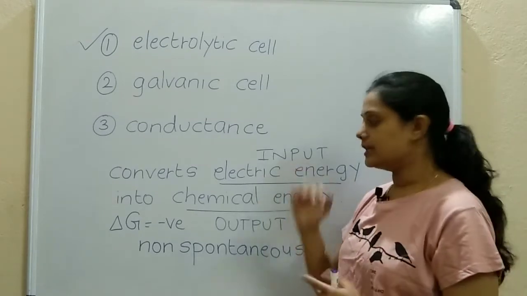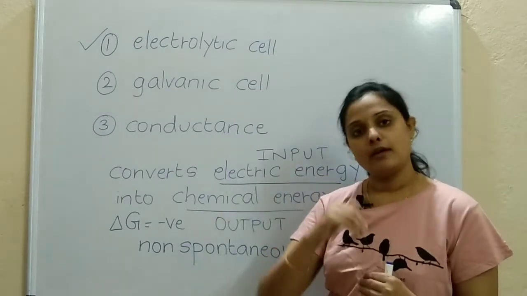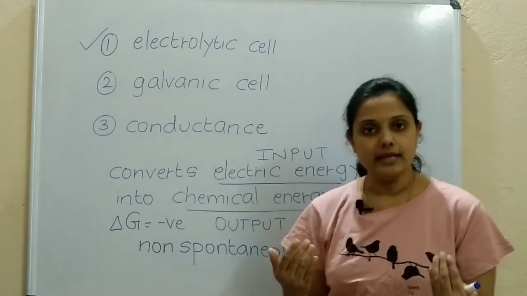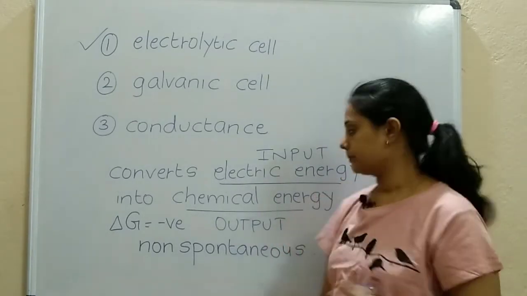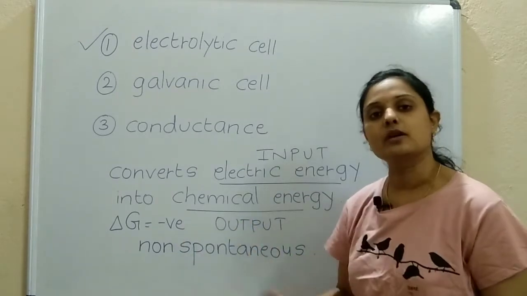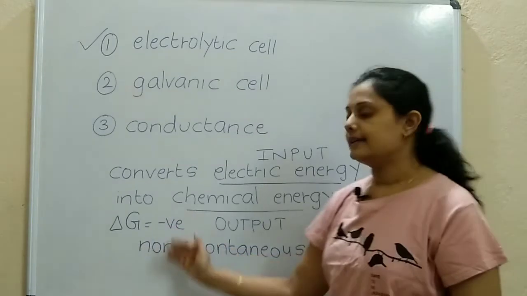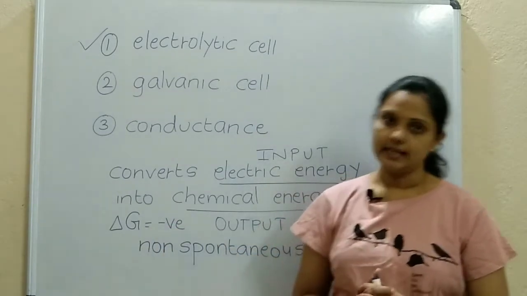That means the input is electrical energy. We have to provide electrical energy and the output will be a chemical reaction happening. And it does not take place on its own. So it is a non-spontaneous process and delta G, Gibbs free energy, will be positive.